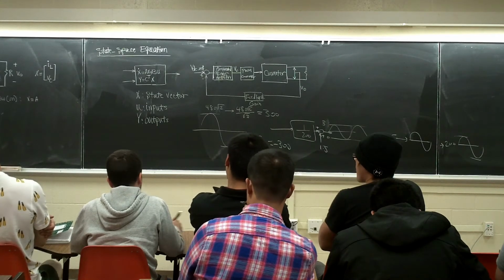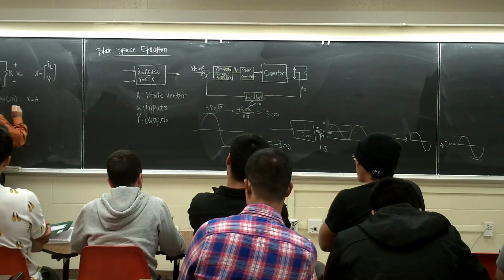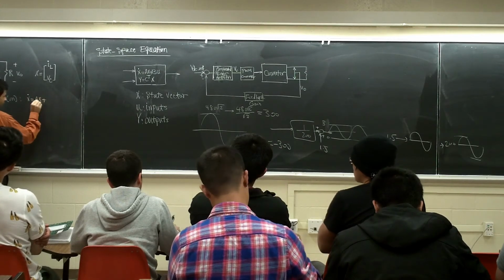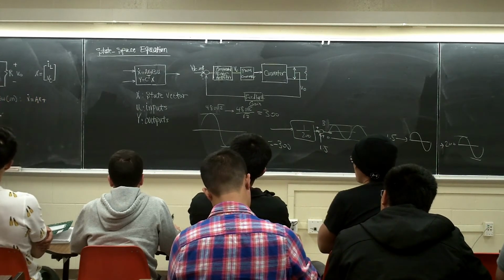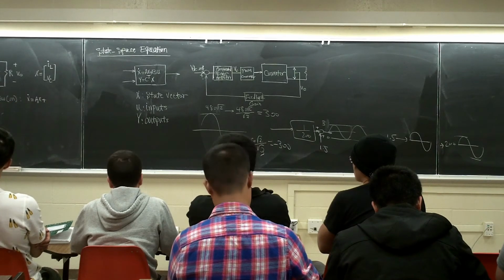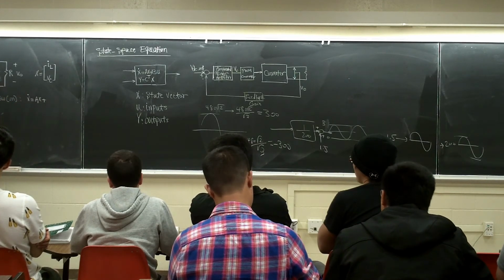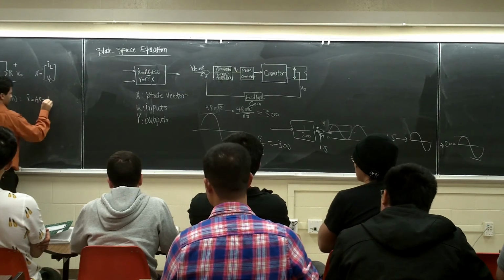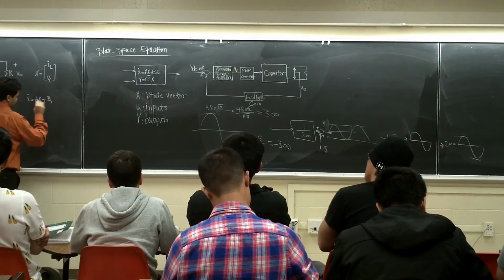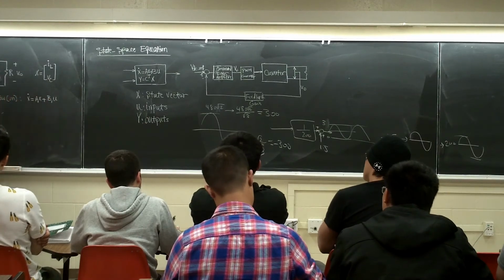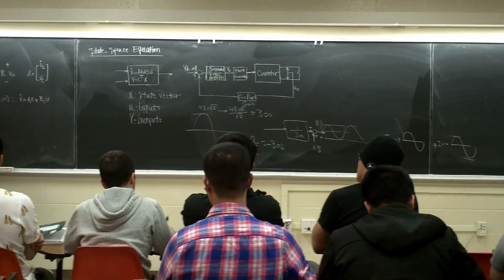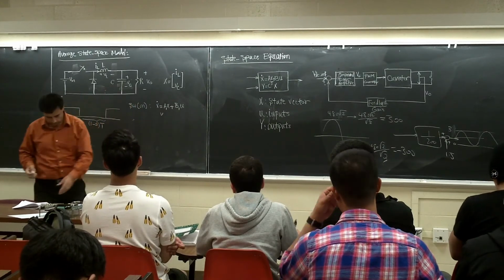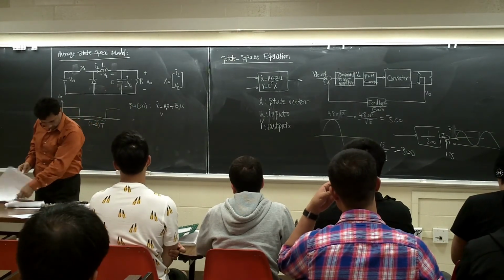I have two equations. If the switch is on, X dot is equal to A1 X plus B1 U. A depends on the circuit, what values I have in my circuit. And for the output, I'll use the same notation.